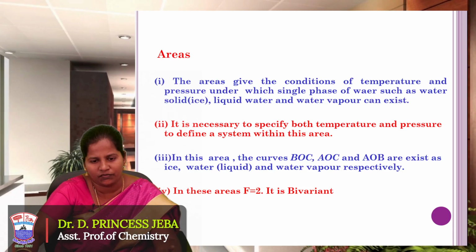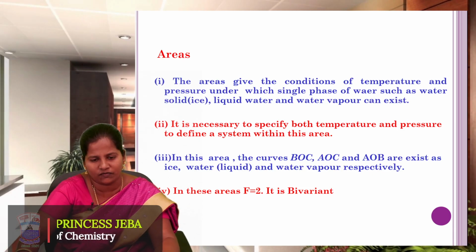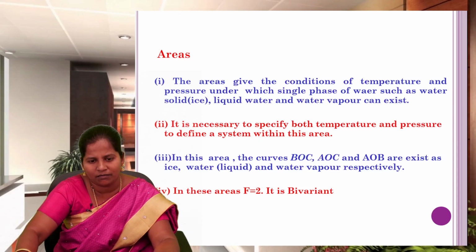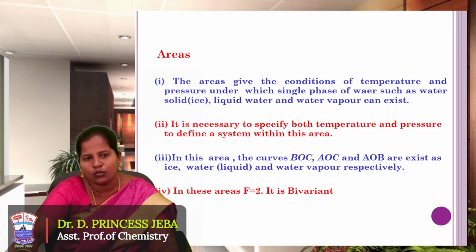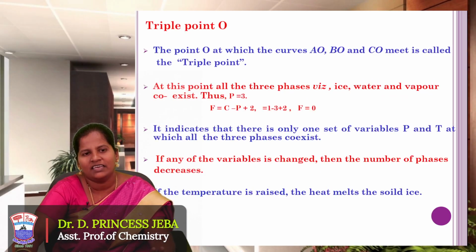So you have only one phase. From the phase rule, F is equal to the component, 1, minus the phase, also 1, so they cancel, plus 2. So F is equal to 2. You need two variables to explain the area.